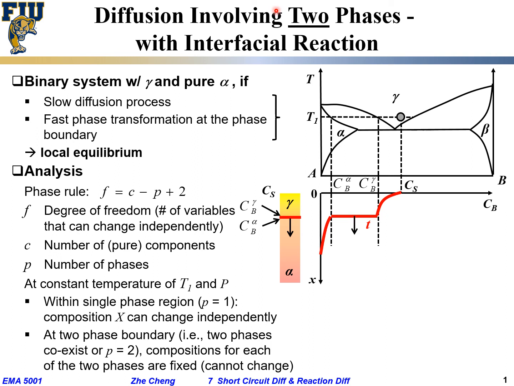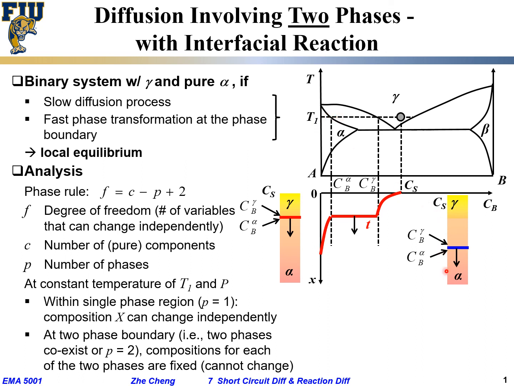And then as time goes on, let's say the boundary moves downward, which means the gamma phase is getting more and alpha phase is getting less. That's what we call phase transformation. Okay? Let's say over a certain time, it moves from the original location in red to this location in blue. But as it moves, the local composition in alpha phase is still determined by equilibrium.